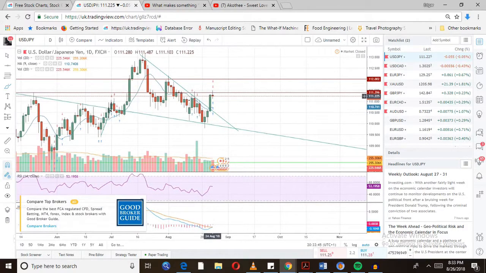That gives us an indication that sellers are coming into the market, and that's important because it gives you a bias towards the price, towards the currency, on what's going to happen, and it gives you a bit of confidence in how you're going to forecast the coming week. The trend is happening at a significant level, and that is important.